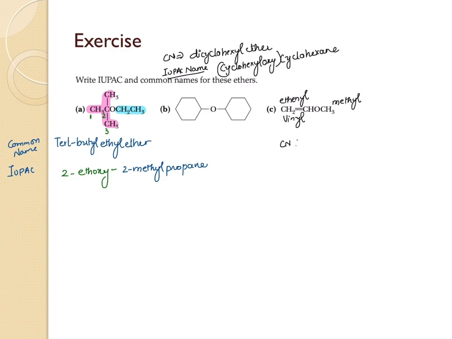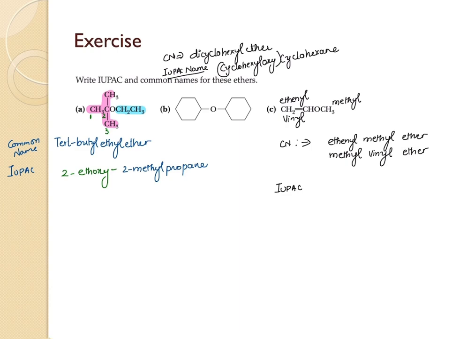So the common name should be written as ethenyl methyl ether following the alphabetical order. But if you replace the ethenyl group with vinyl, then it should be the methyl group which is going to come first, right? Because M comes first and then V. Methyl vinyl ether.